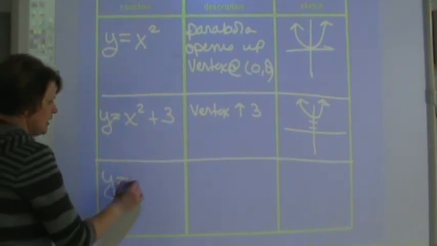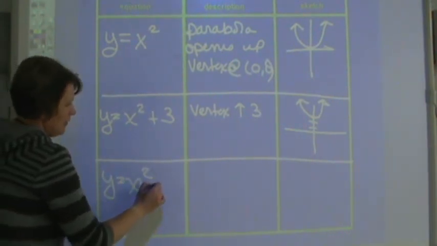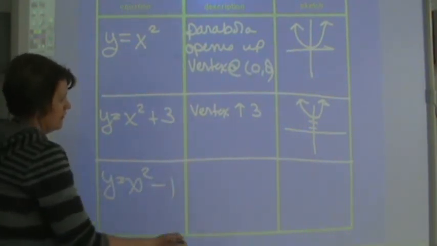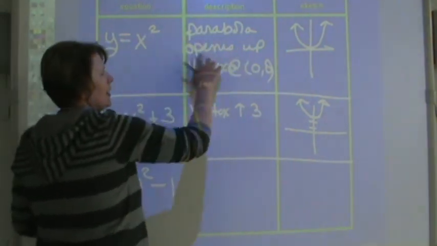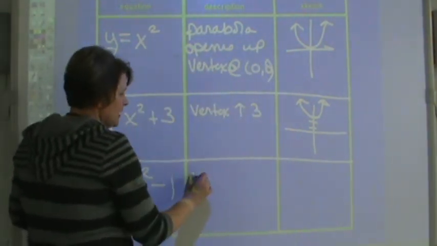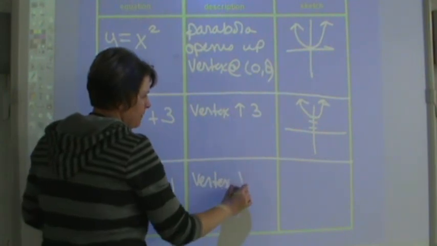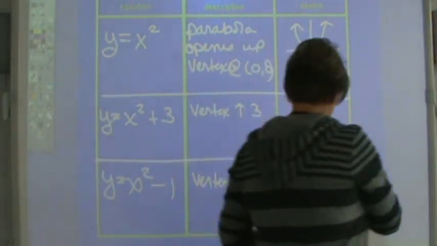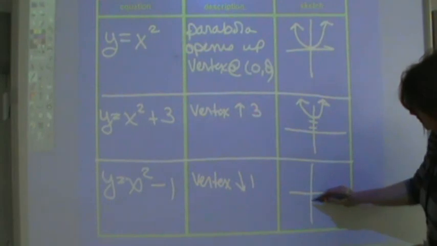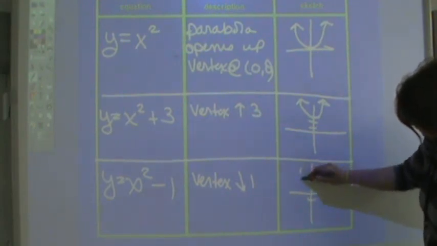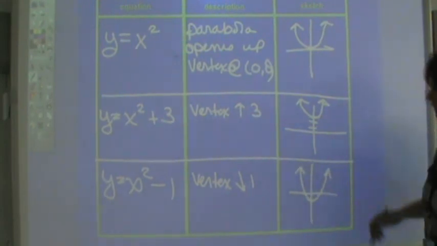Y equals x squared minus 1. Okay, so same thing, it's a parabola opening upward. This time the vertex is going to be down 1. So it's going to come down, and that's going to be your parabola.